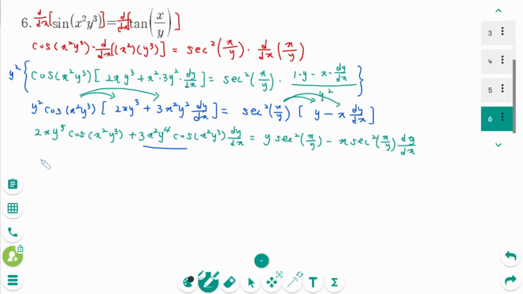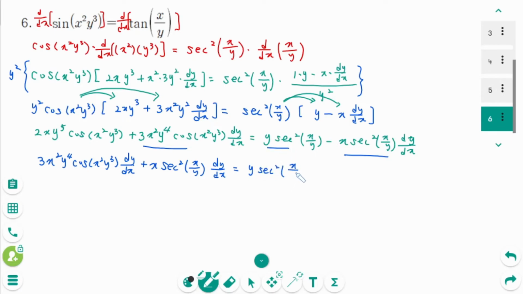Keep this one, 3x squared y to the power of 4 cosine x squared y cubed times dy/dx. Move this to the left, plus x secant squared x over y dy/dx equals, keep this one, y secant squared x over y. Move this one to the right, minus 2x y to the power of 5 cosine x squared y cubed.